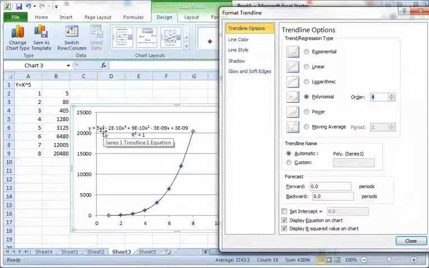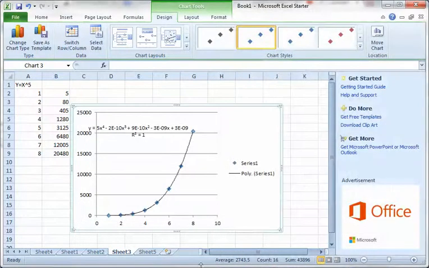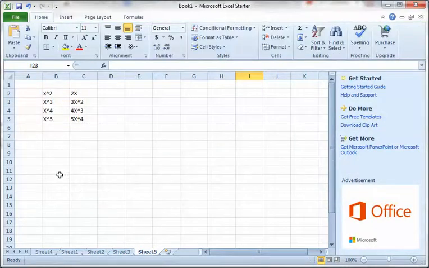But the important thing here is for y is equal to x to the 5th, the slope is equal to 5x to the 4th. So let's summarize this over here. If our initial function is x squared, then the slope function is 2x.